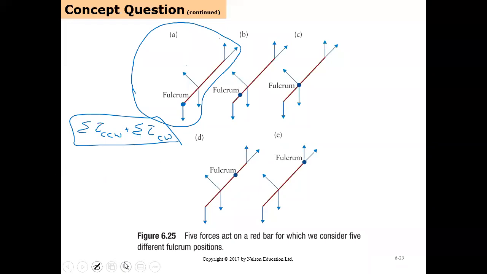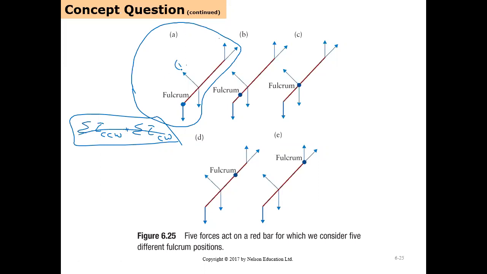We don't have any minus torque to balance it. Or if all the torques are clockwise, again a problem. That's why you have to have at least one counterclockwise and one clockwise. Is it clear now, Noora? Yes. Okay, right.